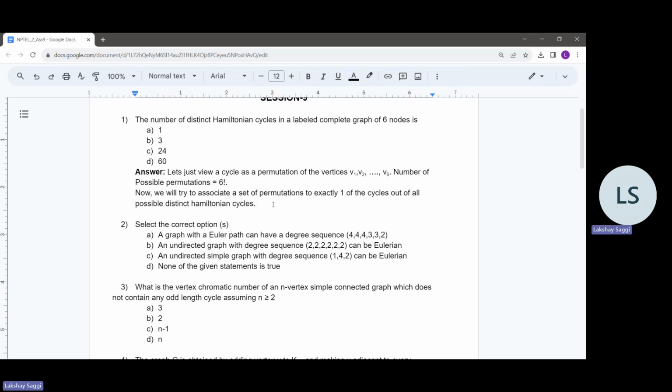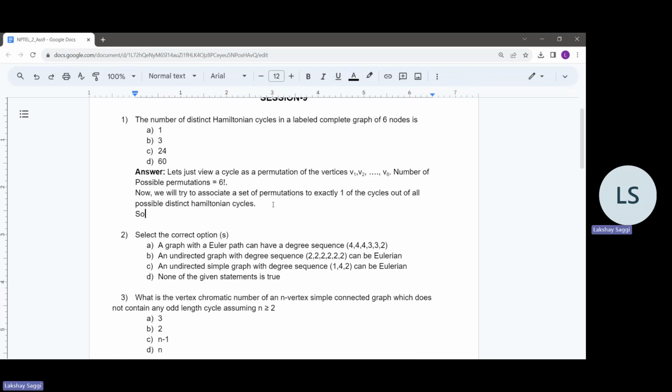So we look at one of the cycles of the graph and see what the possible labels of the vertices on that cycle are.